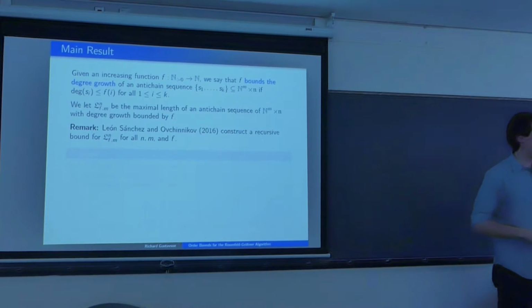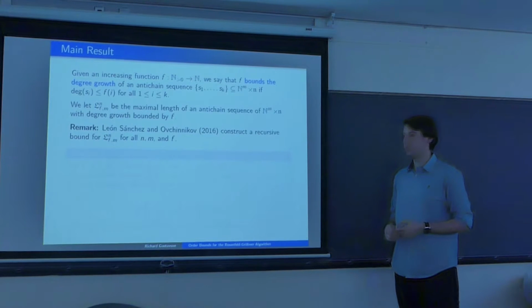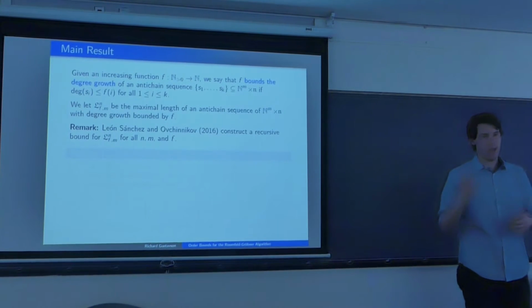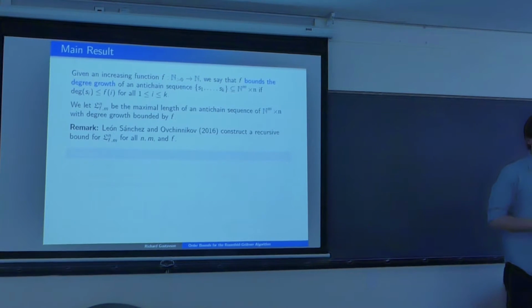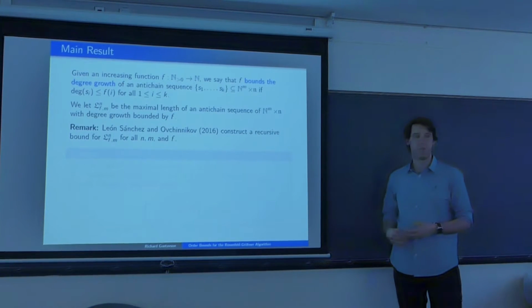We let L_n,f,m be the maximal length of an anti-chain sequence of N^m cross n with degree growth bounded by f. Omar and Alexei have constructed a recursive bound for this number L for all n, m, and f.